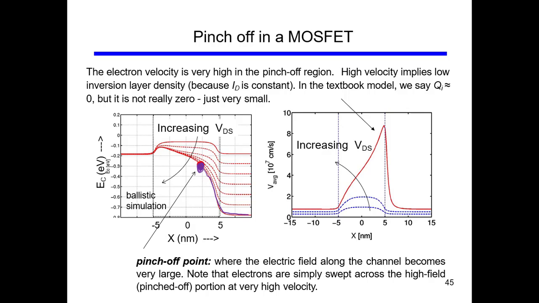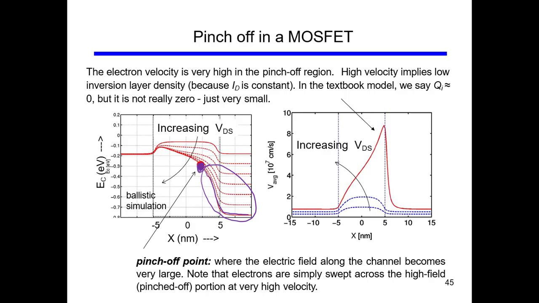The electric field beyond this point is very strong, and even if you have very little charge, the charge per unit time is the same as in the rest of the channel. So this explains the pinch off point.